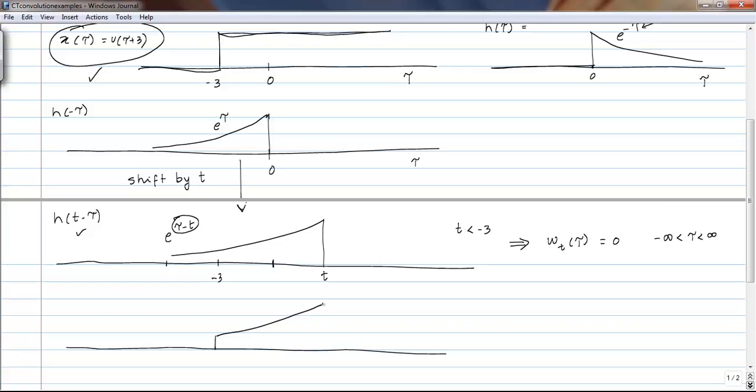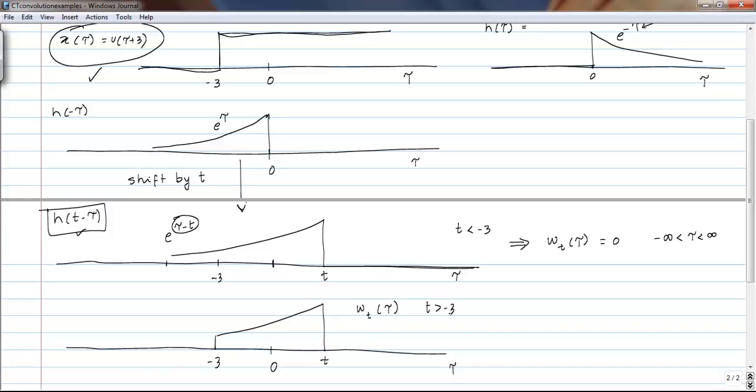And it's going to be 0 for all values of tau greater than t because h of t minus tau is 0 for all values of tau greater than t. Remember, the independent variable is tau here. So this is how w_t of tau looks for all values of t greater than minus 3.